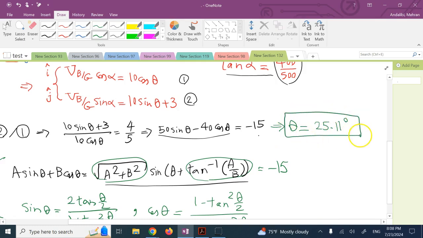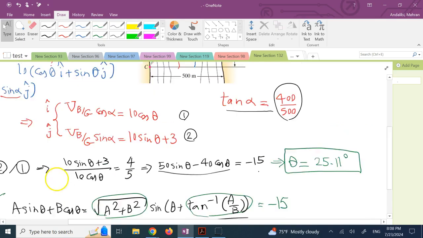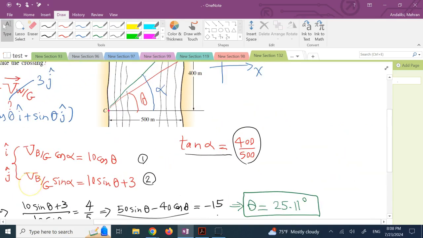So that's the first thing that you need to know. And if I want to find angle alpha from here, clearly alpha is equal to arctangent of 0.8, which is about 38.66 degrees. Let me write it, although we don't need to use it in this problem directly, but it's good to just know that.